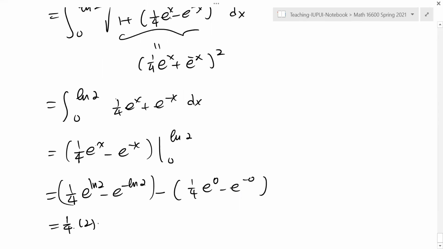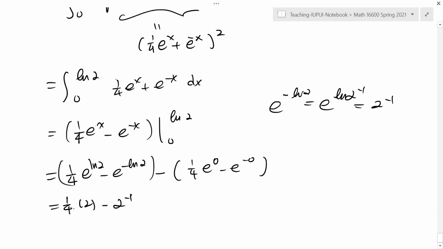E to the natural log of 2 is 2, minus e to the negative natural log of 2, which is e to the natural log of 2 to the negative 1, that is 2 to the negative 1.